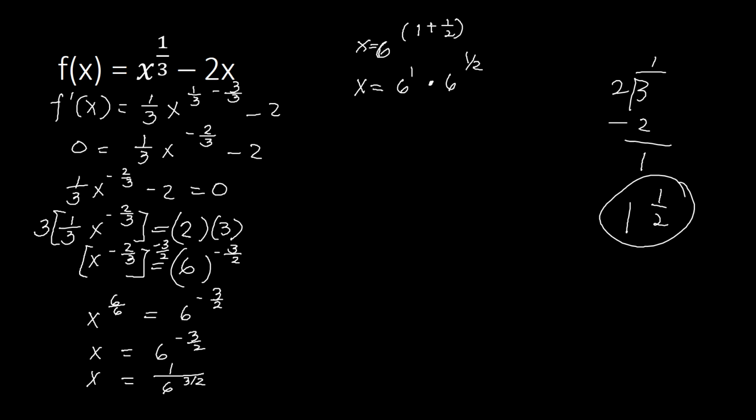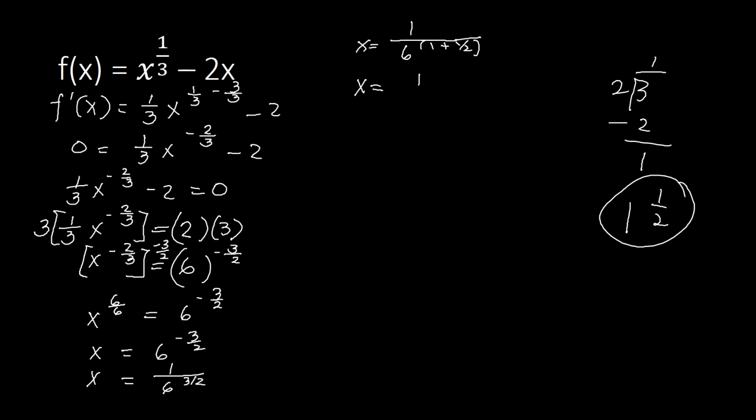So that's the same as 1 plus 1/2, or simply 3 halves. By the way, I forgot to write here 1 over, because this is already on the denominator. So please be careful on that one. So that should be 1 over 6 to the power of 1 plus 1/2.